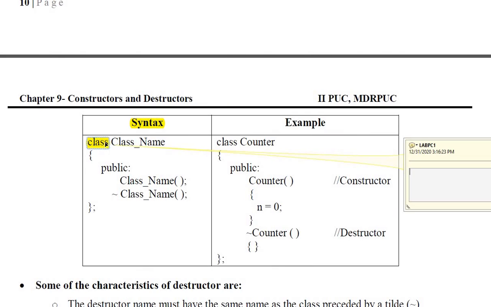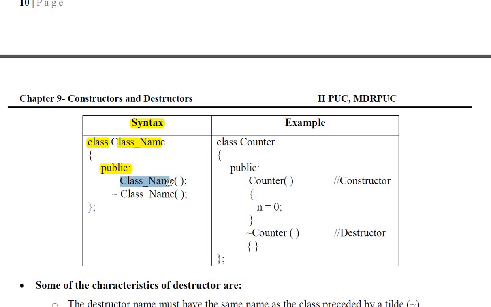This is the class keyword, and this is the class name. In the public section we are creating a function. This function has the same name as the class, hence it is called a constructor. Now see another function here. This function also has the same name as the class, but this is not a constructor, it is a destructor.